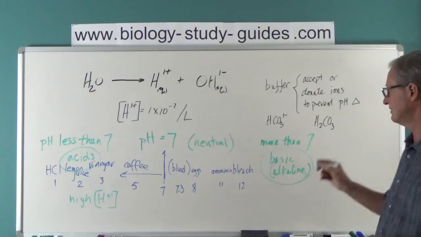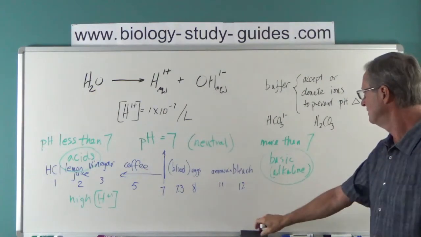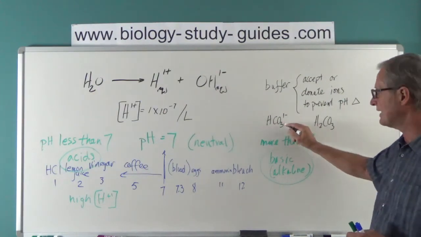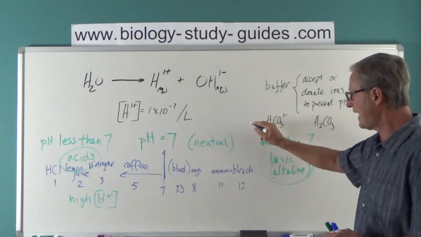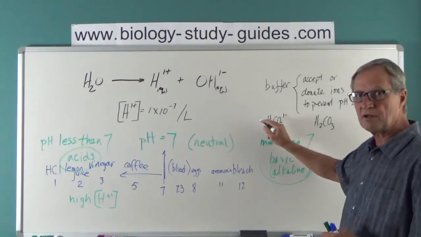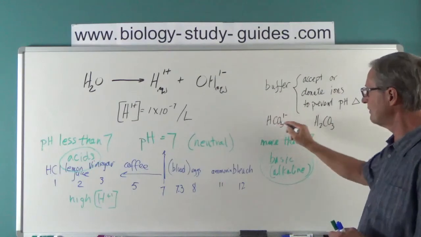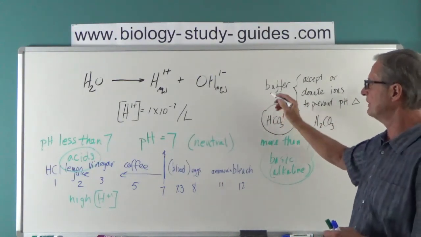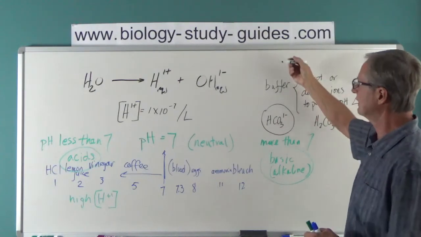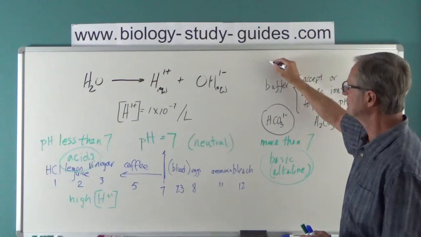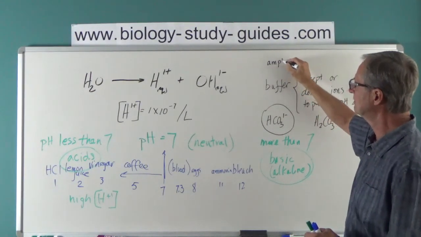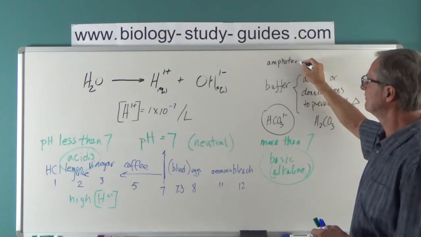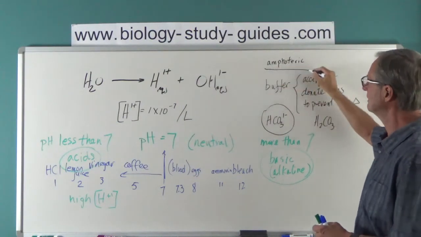It doesn't hurt you. It's all right. The bicarbonate ions can also donate a hydrogen, so you can actually add a hydrogen to a system. So bicarbonate ions, very important in our body. It's called an amphoteric buffer because it can do both. It can donate and accept. So it's an amphoteric buffer. Amphoteric.